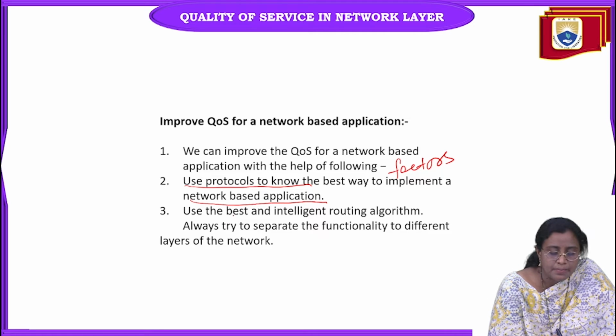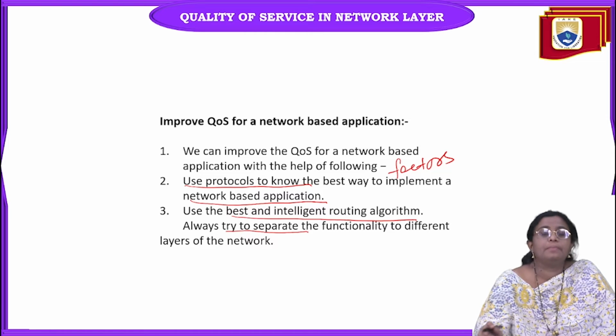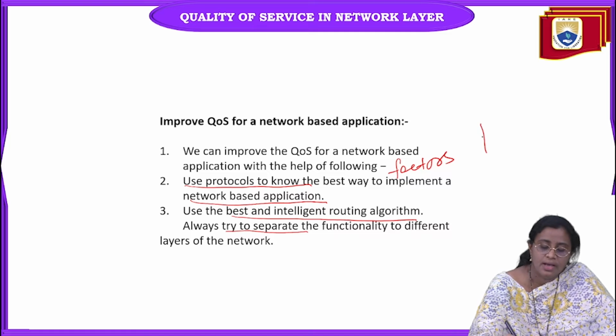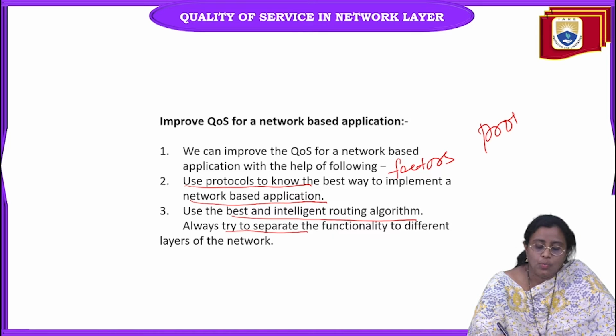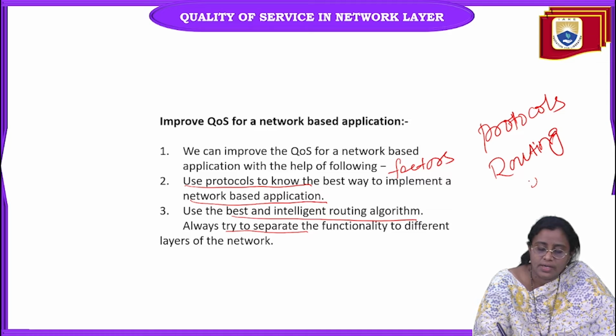Next one, use the best and intelligent routing algorithms. Always try to create the functionality for different layers of the network. The first condition is the protocols, and the second one is the routing algorithms.